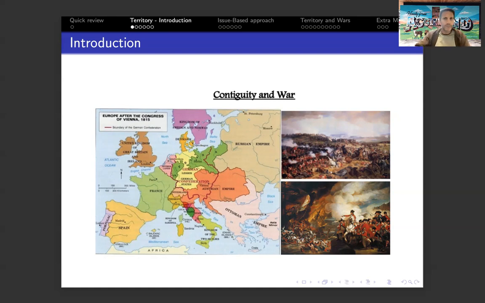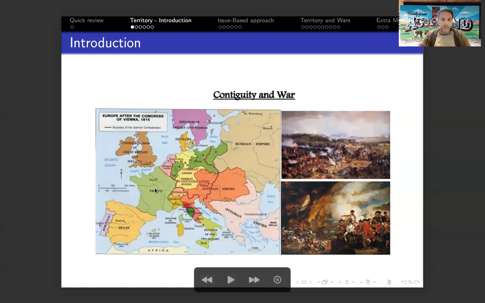So overall, when we look at the entire data about wars over the last 200 years or so, the vast majority of conflicts between states happened between neighboring states. We can look at this map, which shows Europe after the Congress of Vienna in 1815, the conclusion of the Napoleonic Wars.